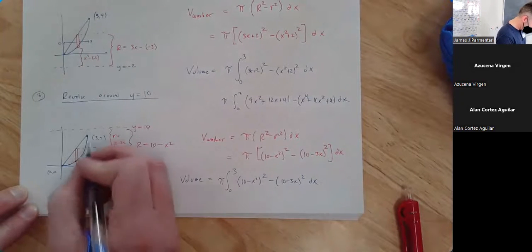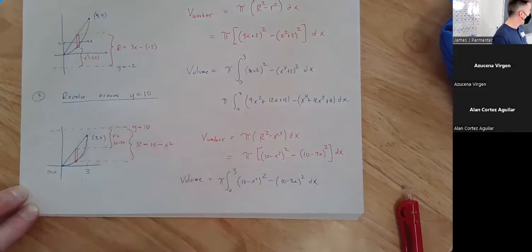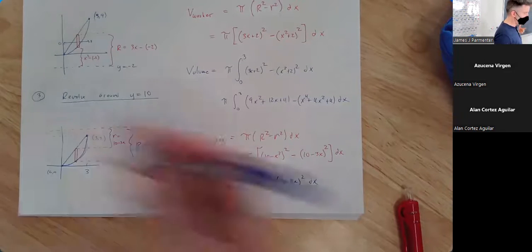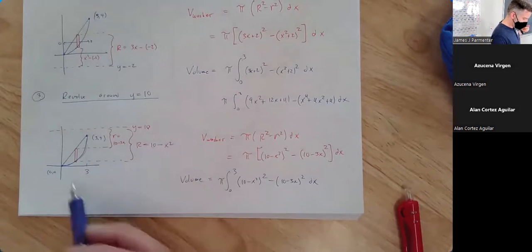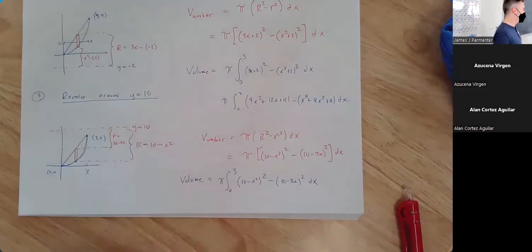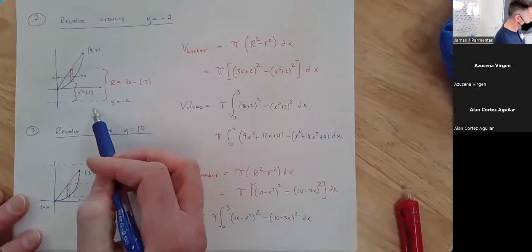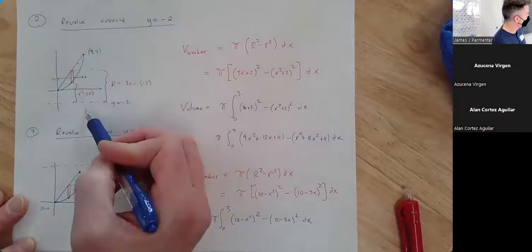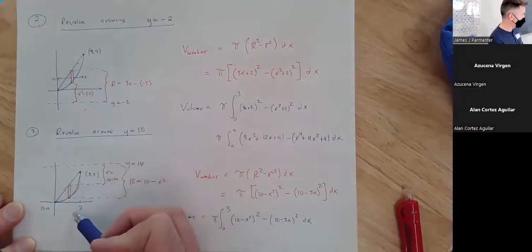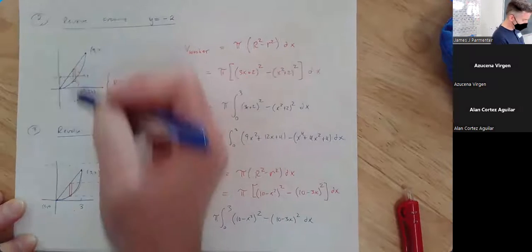Like if you're between 0 and 3 for x, 2 squared is 4, and that's definitely smaller than 10. But I'm really just looking at the graph and seeing that 10 is higher up, so I know I'm going to do 10 minus the lower function. So that's why here we did the function minus the axis, and here we're doing the axis minus the function, because here the function was bigger, and here the axis is bigger.